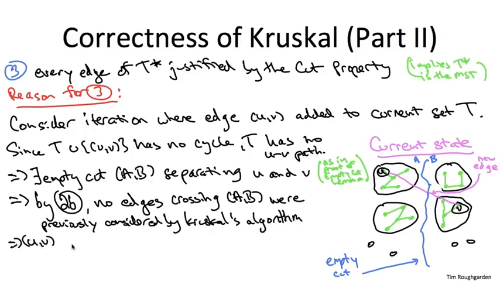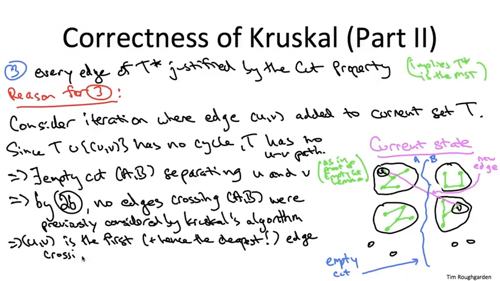So by virtue of there not yet being any chosen edges crossing the cut AB, it must be the case that this current edge uv is the first one that's ever been seen by Kruskal's algorithm that crosses this cut AB. Now, in being the first edge it's ever seen crossing this cut, it must also be the cheapest edge of the input graph that crosses this cut. That is the hypothesis of the cut property. That is why this edge uv in this current arbitrary iteration is justified by the cut property.